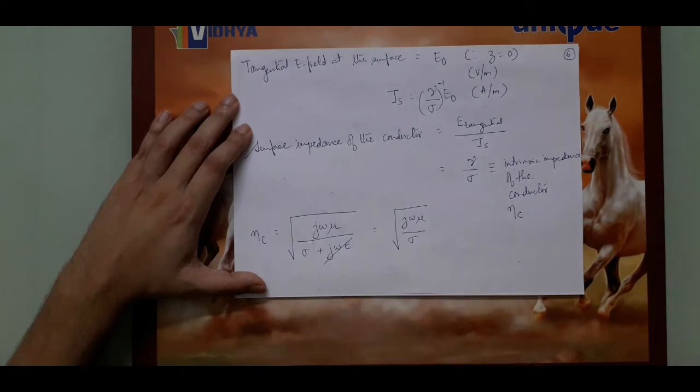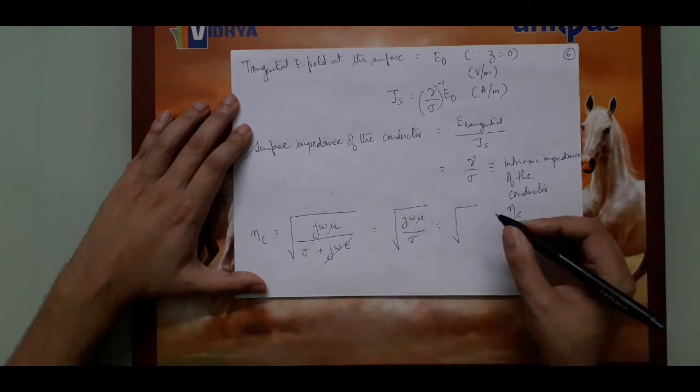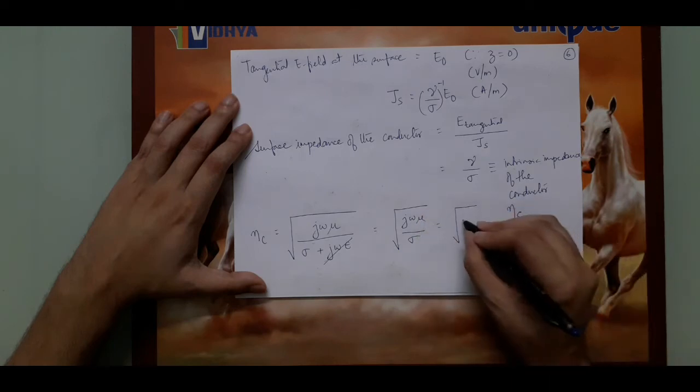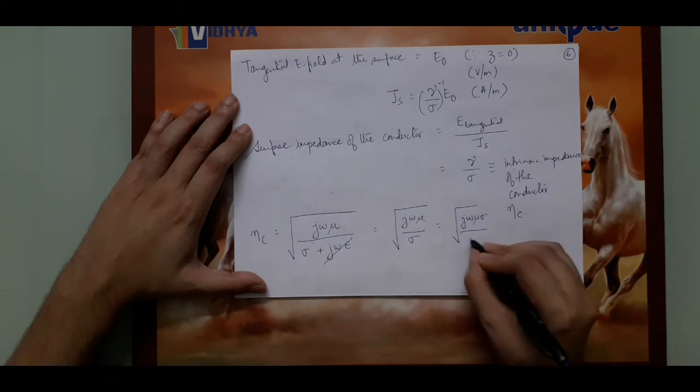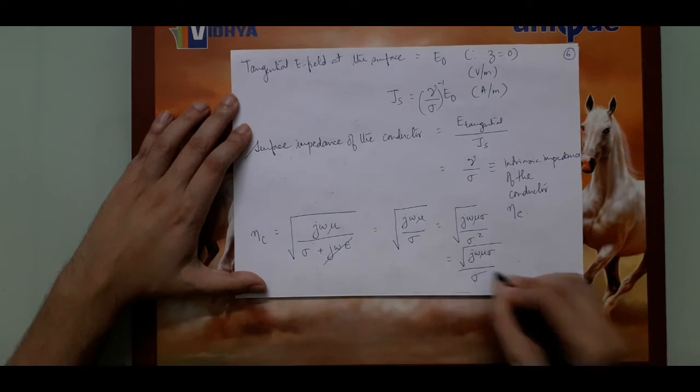and we can also write this as multiplying both numerator and denominator by sigma. I can write j omega mu sigma divided by sigma square, that is root of j omega mu sigma divided by sigma.